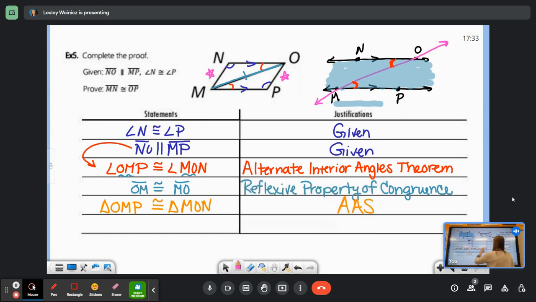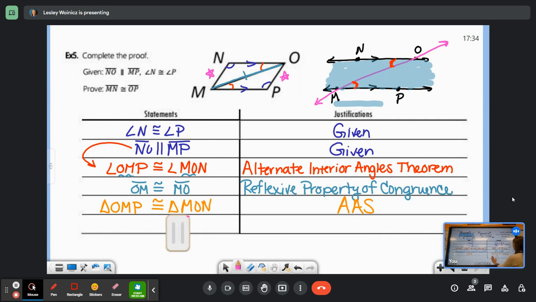So that tells me that segment OP is congruent to segment MN. Oh, here, they wanted it in the other order.